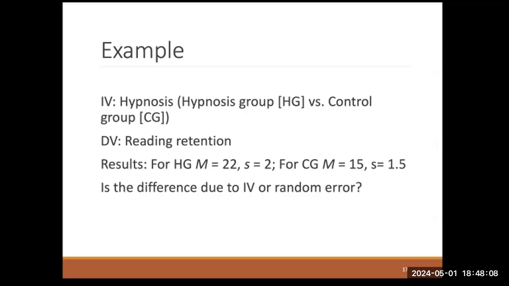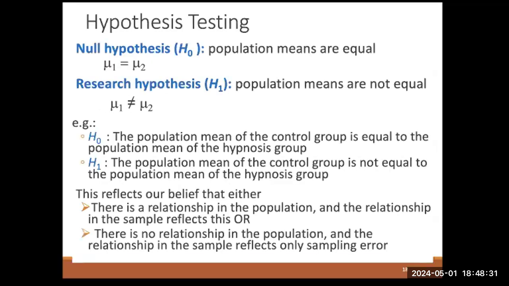And for the control group, the mean was 15 with a standard deviation of 1.5. Now we need inferential statistics to help us determine, was the difference between 22 and 15 due to the independent variable of hypnosis, or did that occur because of random error? So let's take a look.